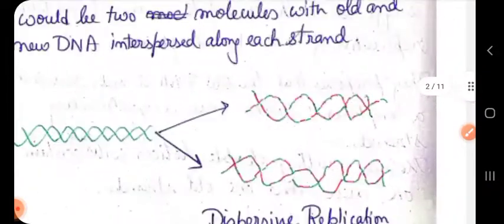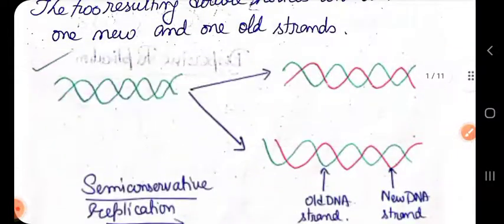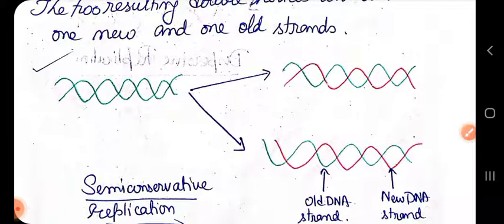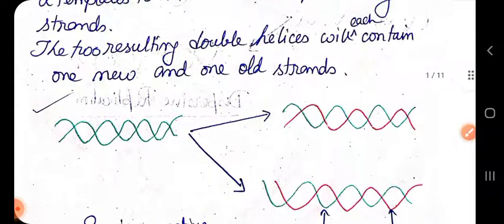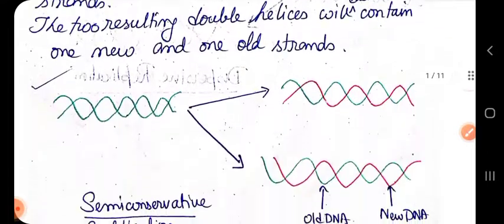Of these three proposed models, Watson and Crick strongly proposed the semi-conservative mode of DNA replication. In the semi-conservative mode, the two daughter DNA molecules produced from the parental DNA will each have one new strand and one old strand, that is, one parental strand.